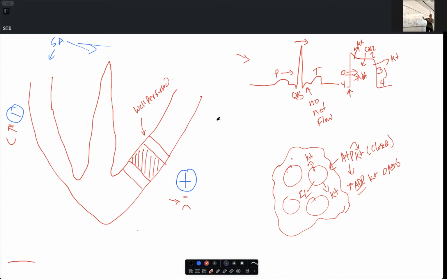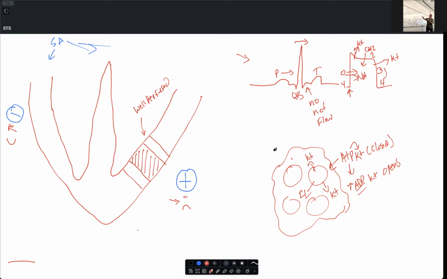Because normally most of the potassium stays in the cells. And so there is essentially a difference in charge concentration, and that sets us up for a difference in voltage, essentially. And it creates a kind of current, if you will, right?